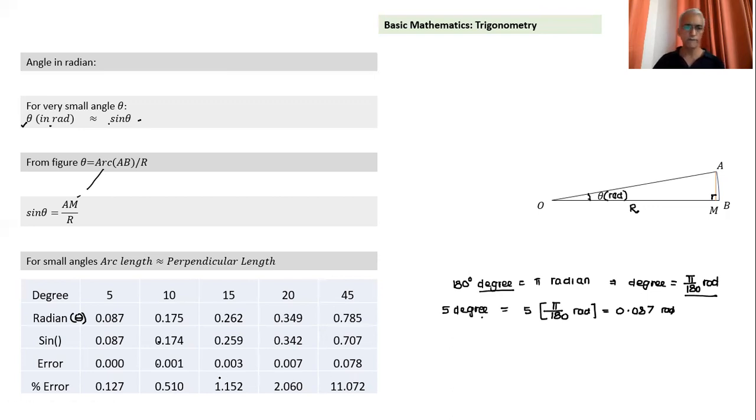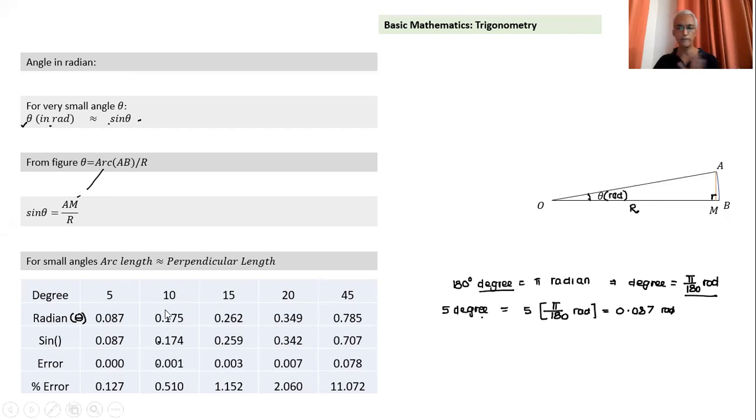So you notice here, if we want to restrict the error to within 1%, this kind of approximation can be made up to an angle of almost 15 degrees. If the angle is smaller, the approximation is more accurate. If the angle keeps getting bigger and bigger, this error keeps increasing.